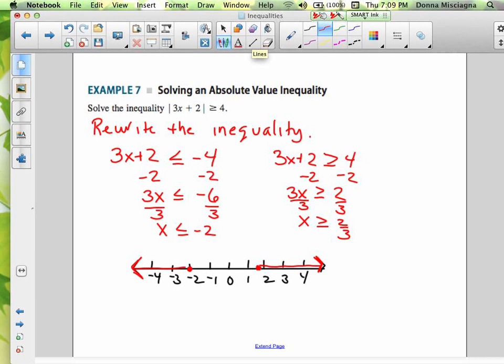So notice with the greater than, this will always go in opposite directions. So if you have a greater than, the inequality goes in opposite directions.